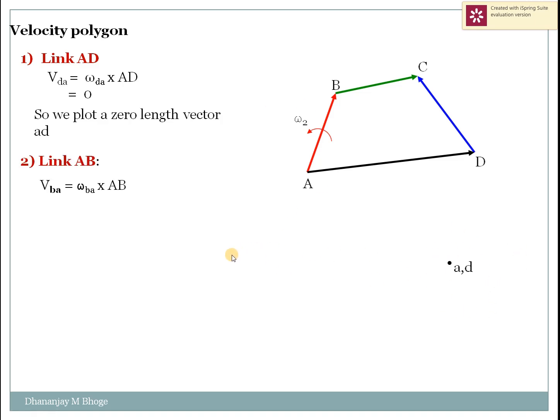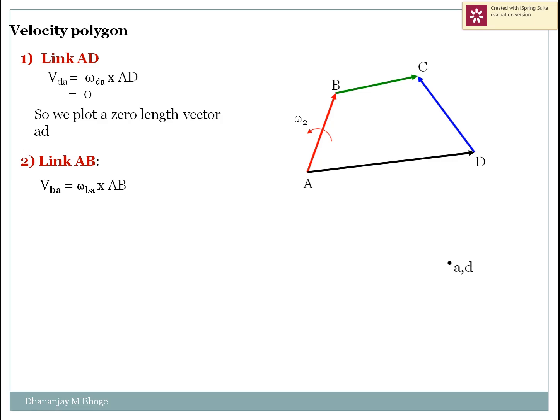Now next we'll consider link AB, whose angular velocity is given as omega 2. For link AB, we'll assume that B rotates about A. So when B rotates about A, its linear tangential velocity VBA is equal to the radius of rotation AB into omega BA.